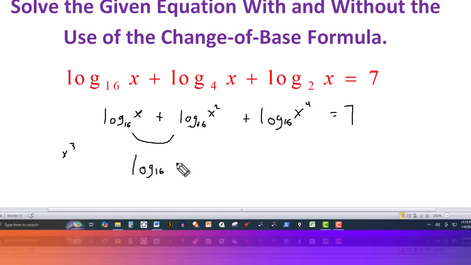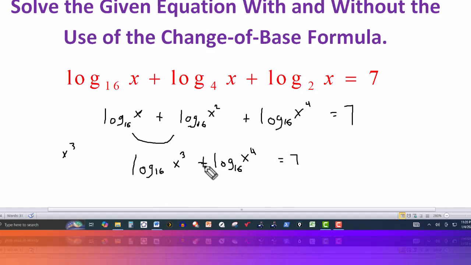But now I still have a sum. Well, let me just go ahead and write it. So the first two can be combined this way. Bring down the log to base 16 and then multiply. And then I have a plus log of x to the fourth to base 16 equal to 7.